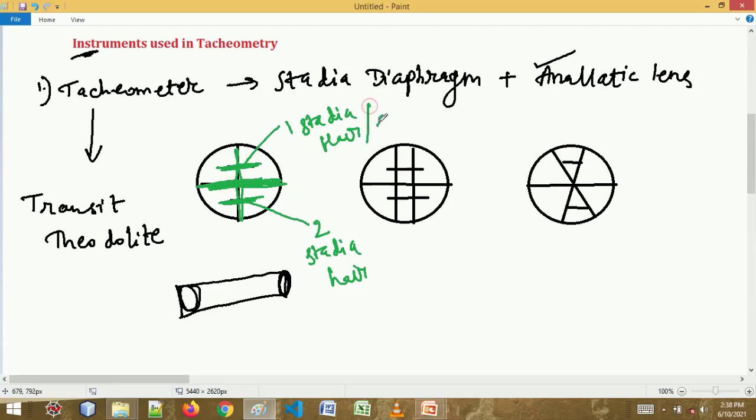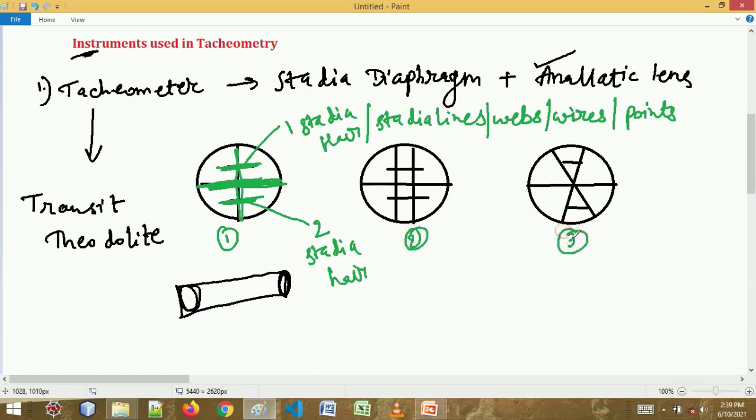These stadia hairs are also known as stadia lines, webs, wires or points. These are the three different types of stadia hair arrangement which are commonly used in transit theodolites.